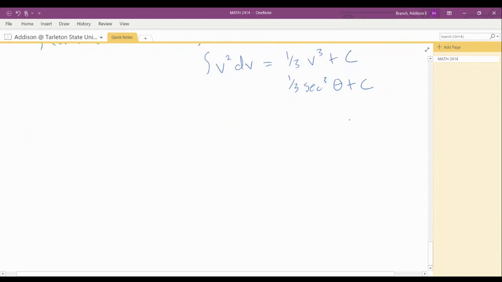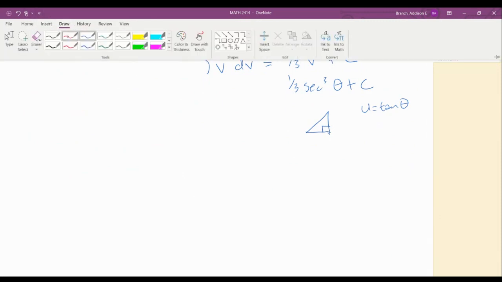So now we can go ahead and draw our triangle with this. We had established earlier that u is equal to tangent of theta. Actually, let me switch colors on this.